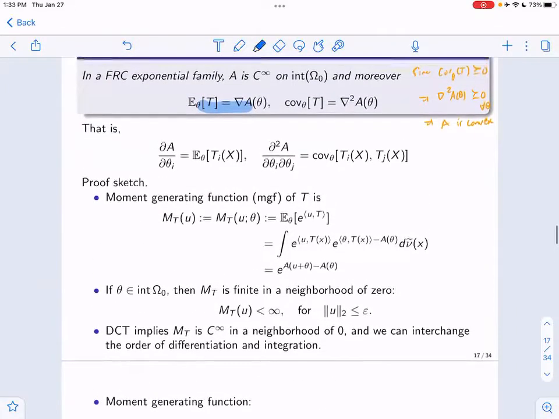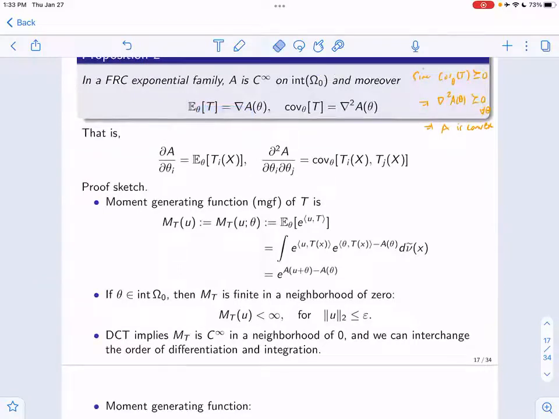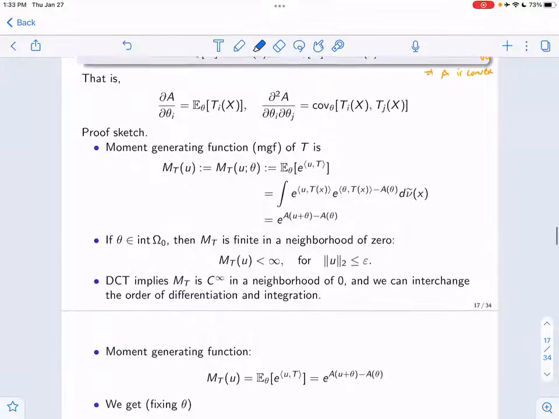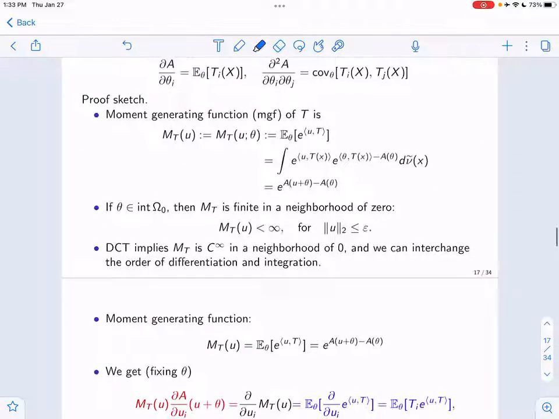The idea here is that we're going to first compute the moment generating function, and then the derivatives of the moment generating function would in general be the expectations of these guys. So the MGF for a random vector is something like that.